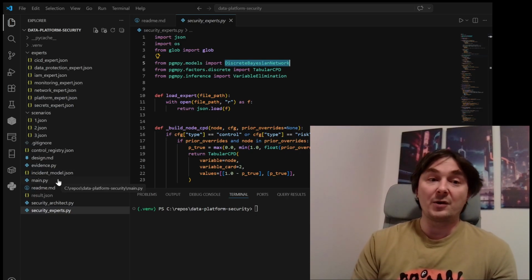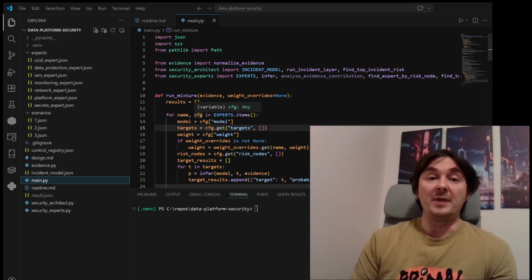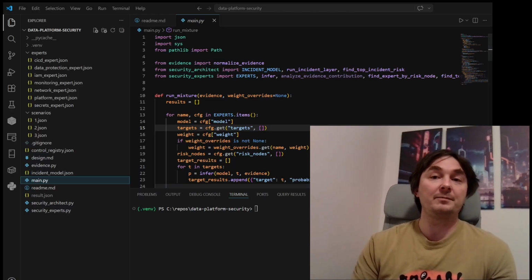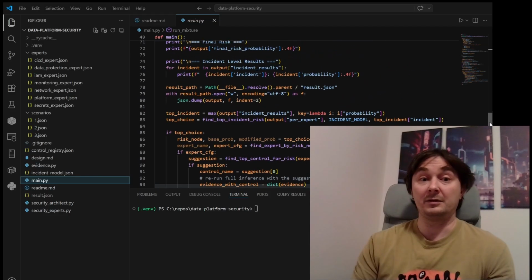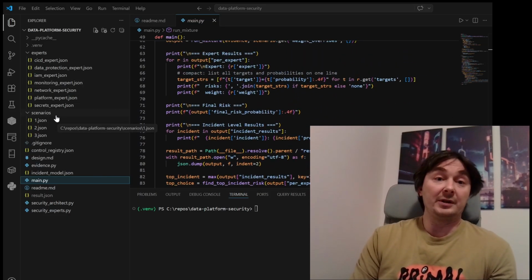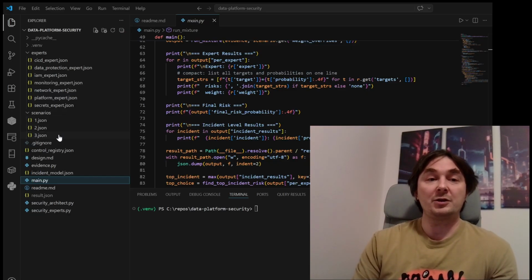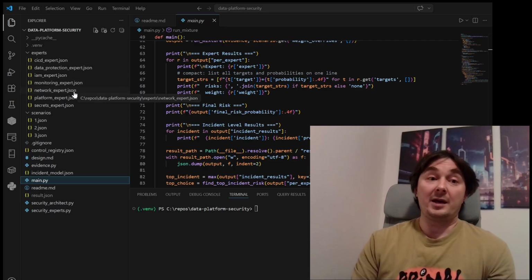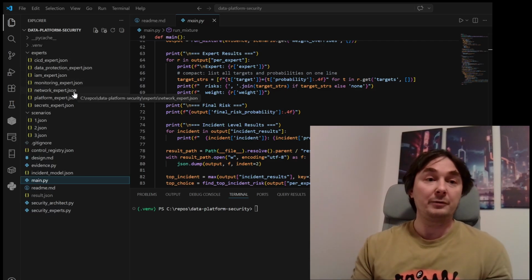My code base is structured so that we have the main.py, which is the entry point for the application. It will receive the evidence, and in my case, I am feeding those scenarios, so it is a coded input of the application. Then it will read all of the experts from the folder, and based on those experts it will build the first layer of the Bayesian network.